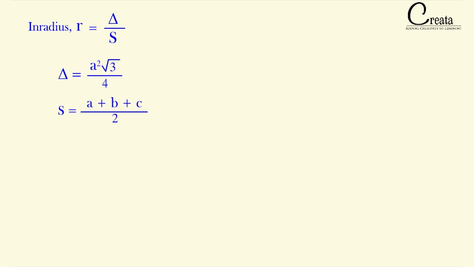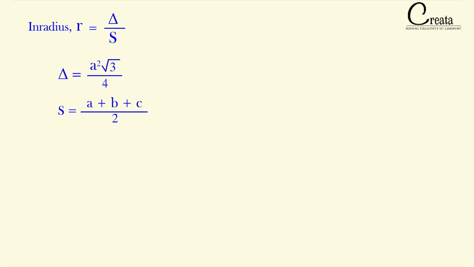Moving further, let's try to find the inradius and the circumradius. We know the formula of inradius, that is small r is equal to area of the triangle upon semi-perimeter. And just now we have seen the area of an equilateral triangle is a square root 3 upon 4. And the semi-perimeter we know is equal to the sum of three sides of the triangle upon 2, that is half of the perimeter.